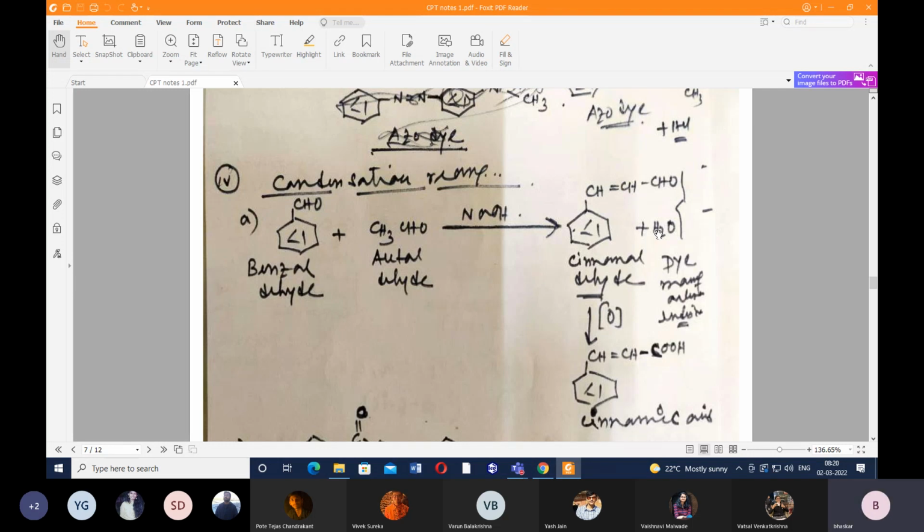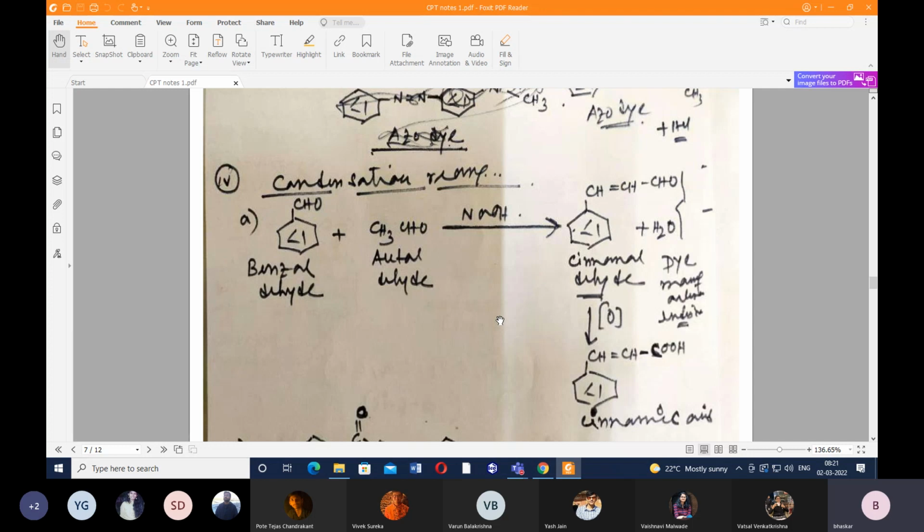There was another example where I showed you how to synthesize alkyd resin. What was the byproduct of that reaction? The byproduct was H2O. So here also we have a similar kind of byproduct. What is our byproduct here? It is H2O. So this is basically a condensation reaction. In the dye manufacturing industries, we make use of this condensation reaction.